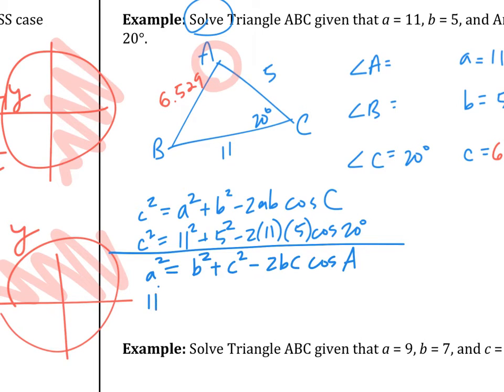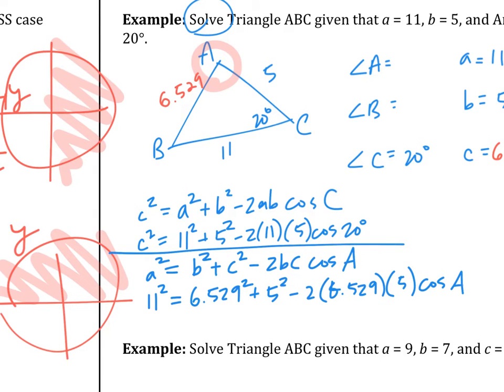Side A is 11. Side B is 6.529. C is 5 minus 2 times 6.529 times 5 cosine of the angle in between, which we don't know.